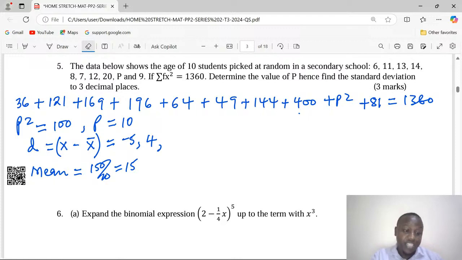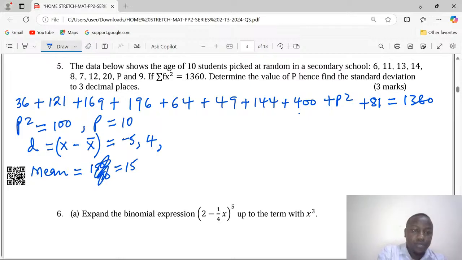I'm adding 10. Then I'm adding 9. This is 110. 110 over 10 gives us a mean of 11.